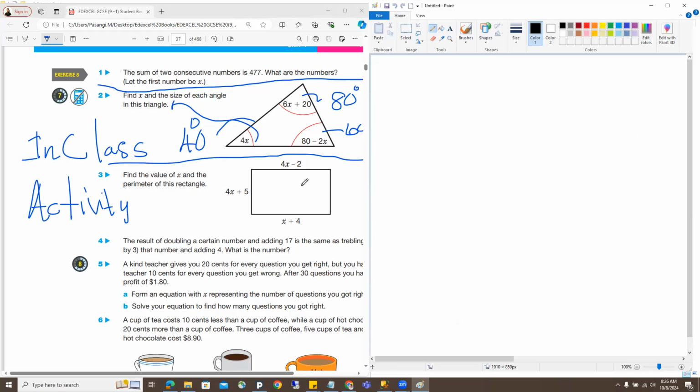Here they have given us a rectangle. So what are the properties of the rectangle? Can you tell me?